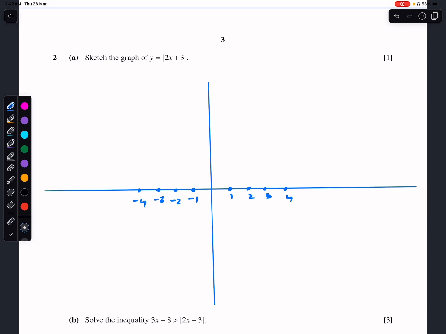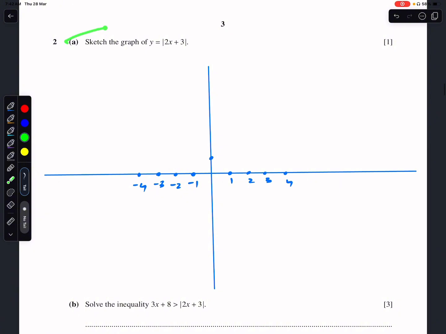Okay, the reason I am doing this is most of the time the sketch of the graph will help you in the next part. So that's why try to sketch some decent graph. Okay, so 1, 2, 3, 4, 5, 6, 7, 8.